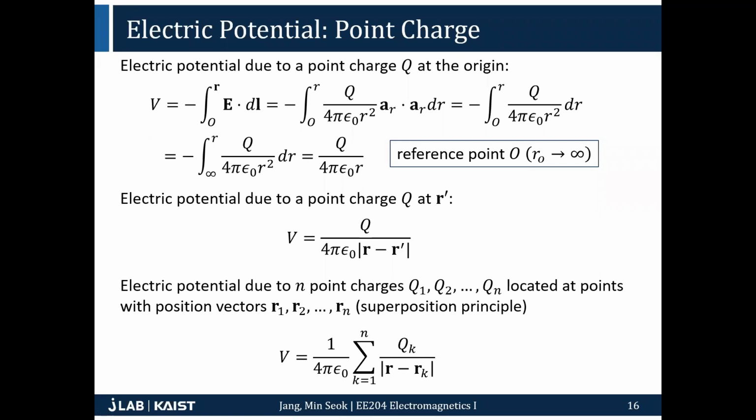If somebody asks you what the electric potential is at just one point, then you always need a reference. You need to specify the reference. If somebody did not specify the reference, you can just assume it as infinity. That's a kind of convention. But you always need a reference.